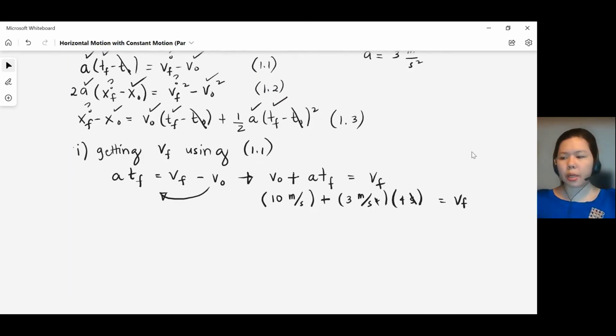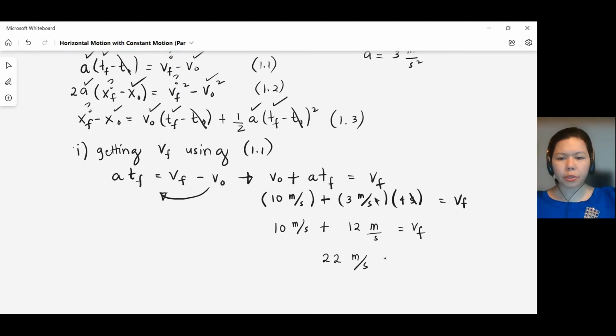So we can combine the two terms. Let me copy the 10 meters per second plus 3 times 4 is 12. And that's meters per second equals V final. So 10 plus 12 is 22 meters per second.